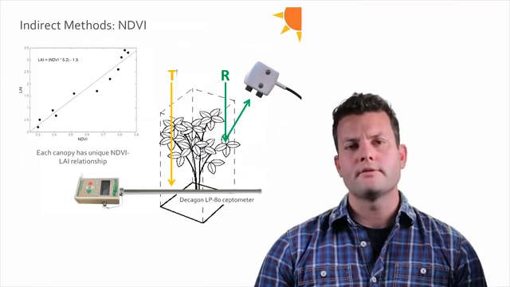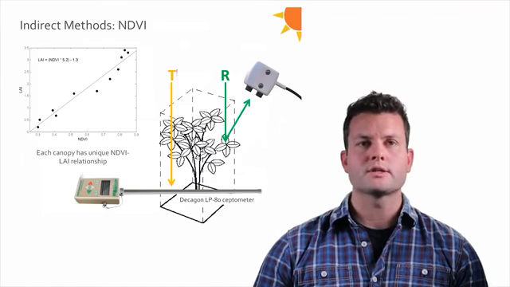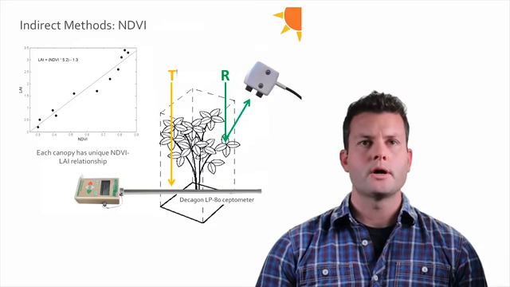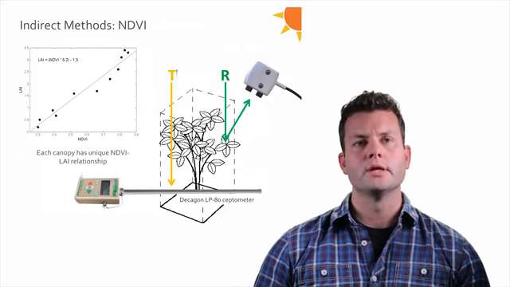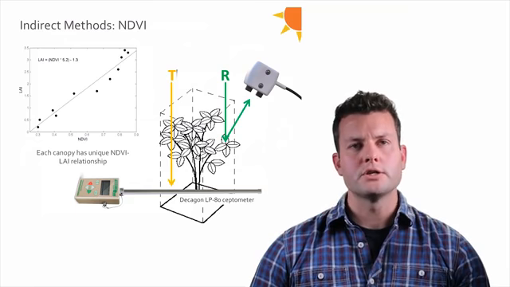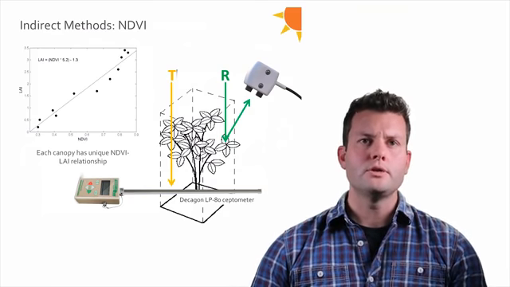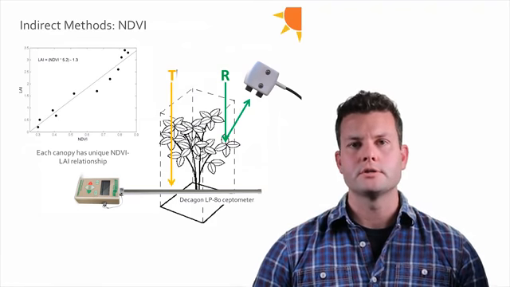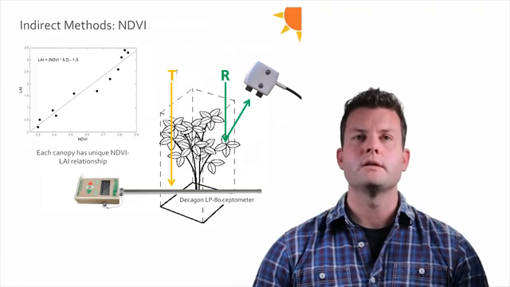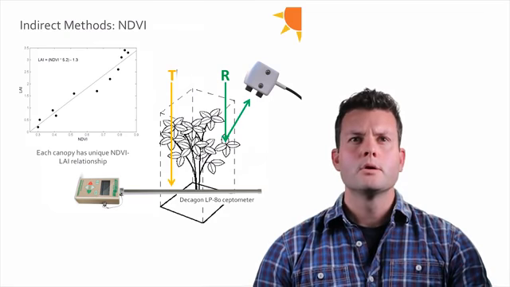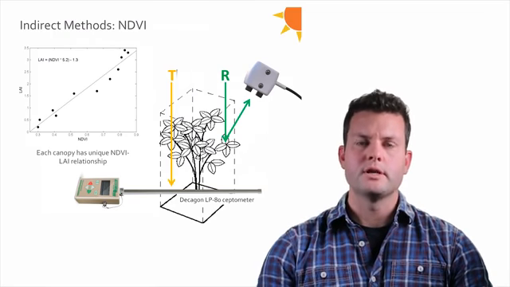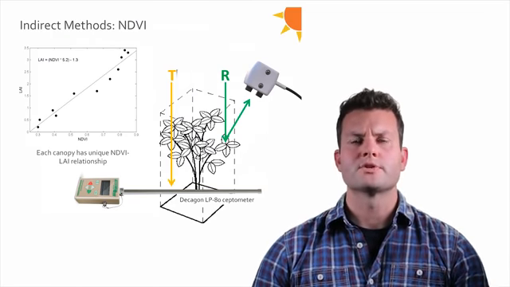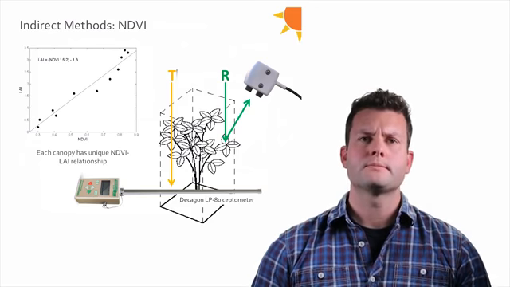If we collect enough of those values over time or across space, we could develop something like what I've shown here, a linear regression relationship. Then we could use the subsequent NDVI values in this empirical equation to calculate leaf area index without having to have the other independent source of LAI for all subsequent measurements.